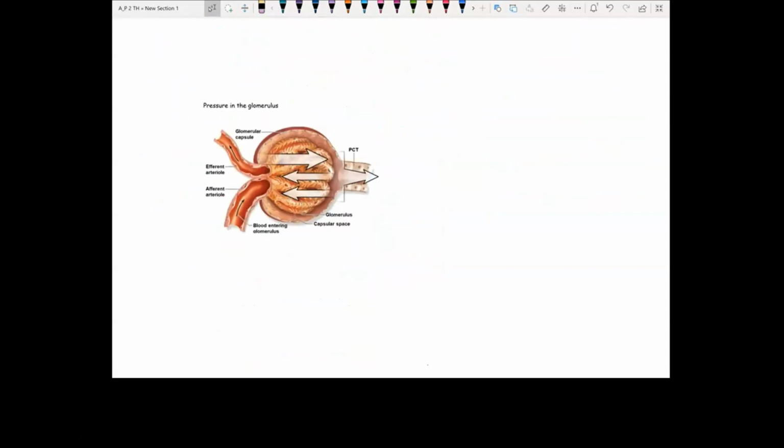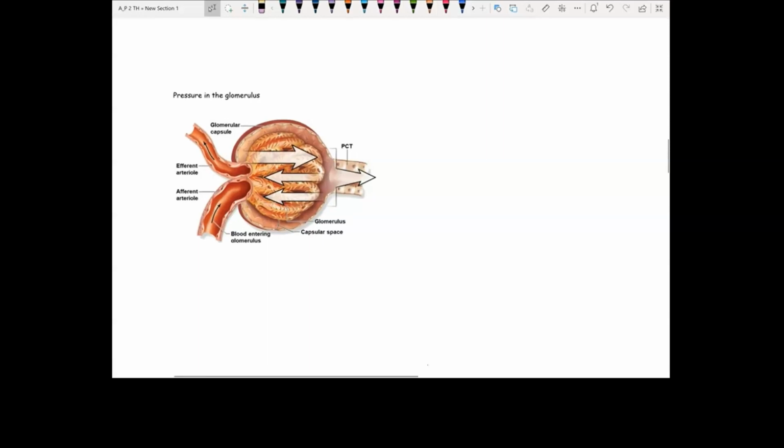Okay, let's look in some more detail at the process of filtration. So right now we are just focusing on filtration and how that process works. So again, you have your afferent arteriole. This is the dirty blood.